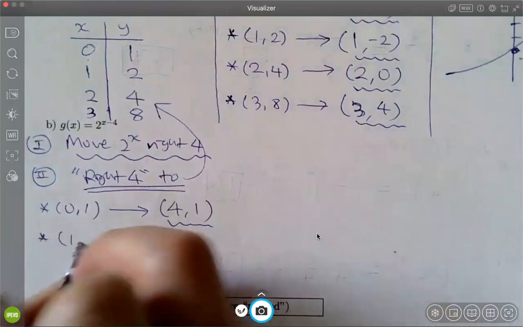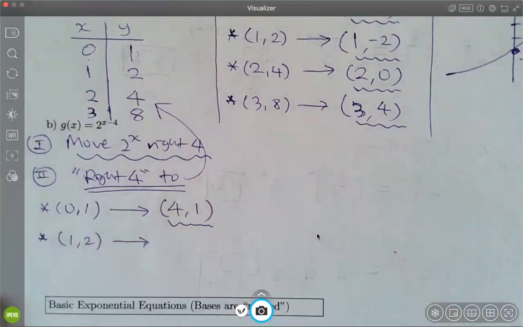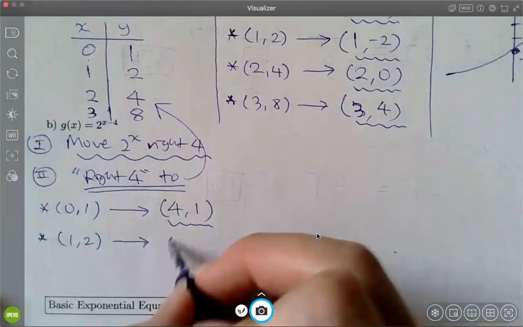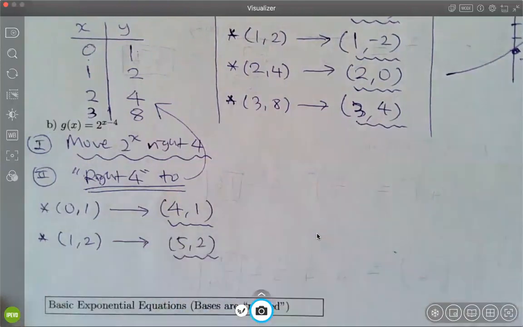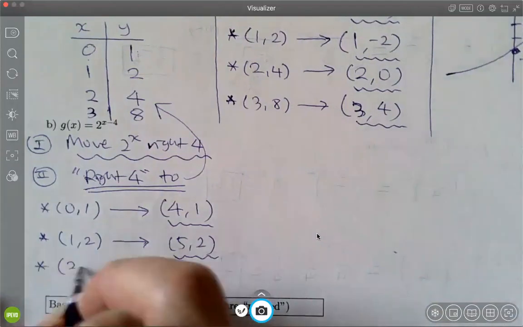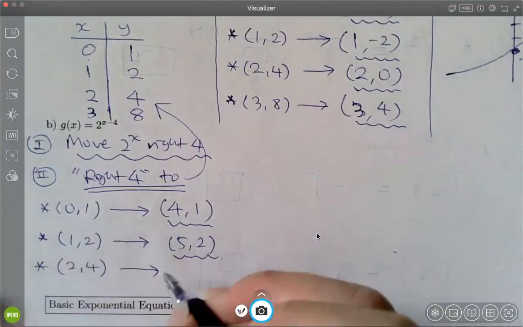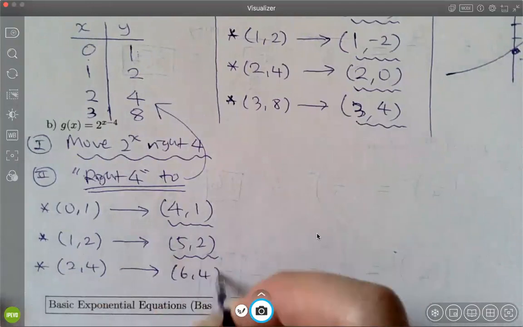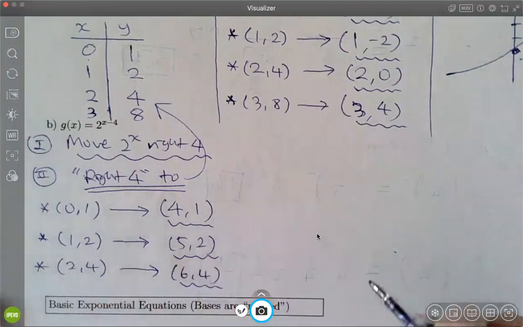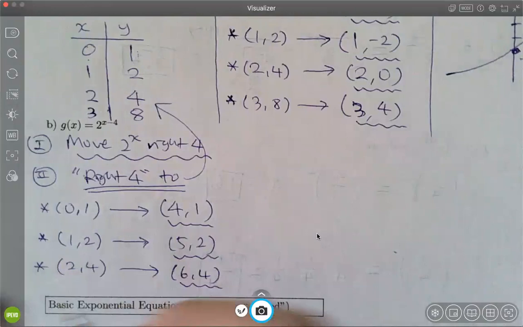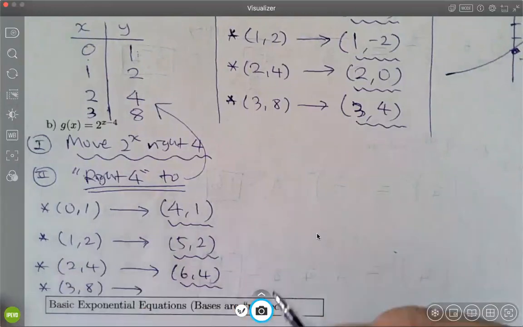When you add 4 to 1, what do you get? 5, 2, right? Okay, and then 2, 4. So when you add 4 to 2, you get 6, 4. Okay, and then lastly, 3, 8 becomes what? 7, 8, right?